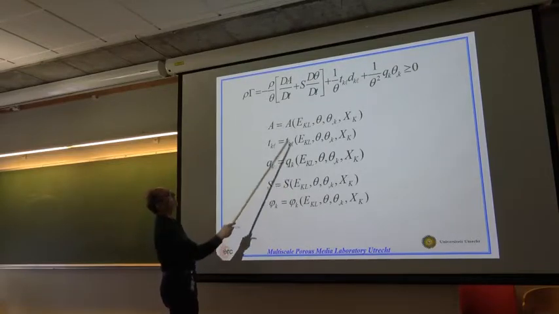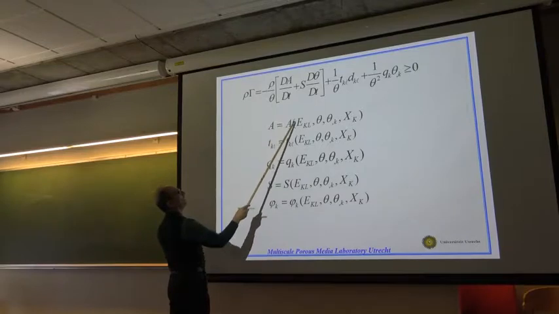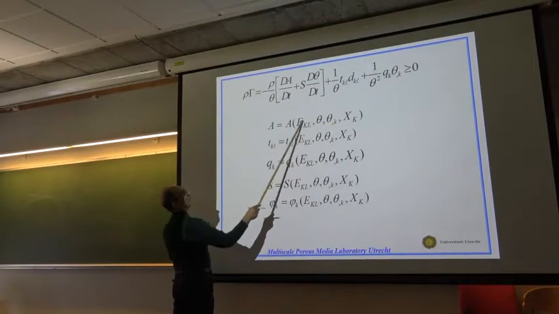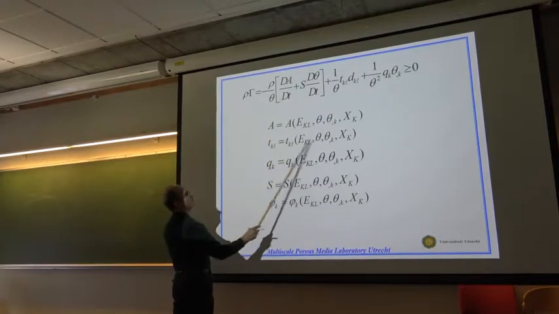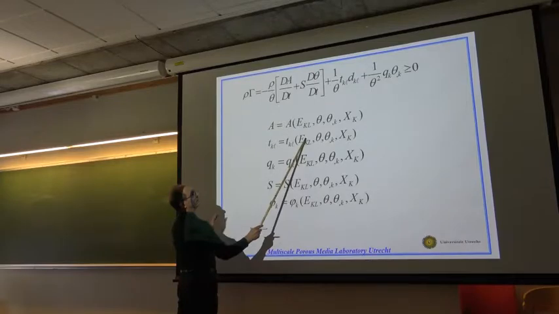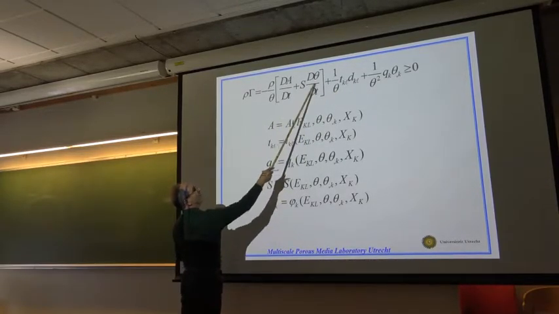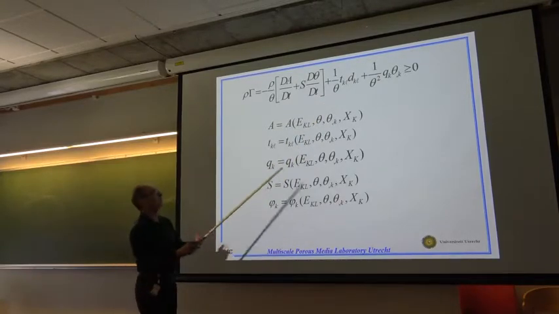What does it mean? That means that the A dot, if you substitute in here, you get all kinds of derivatives of these arguments. So we need to do that. T is given by this functional, whatever it is. If you put that in here, together with these derivatives, this must still remain non-negative. So we do that.